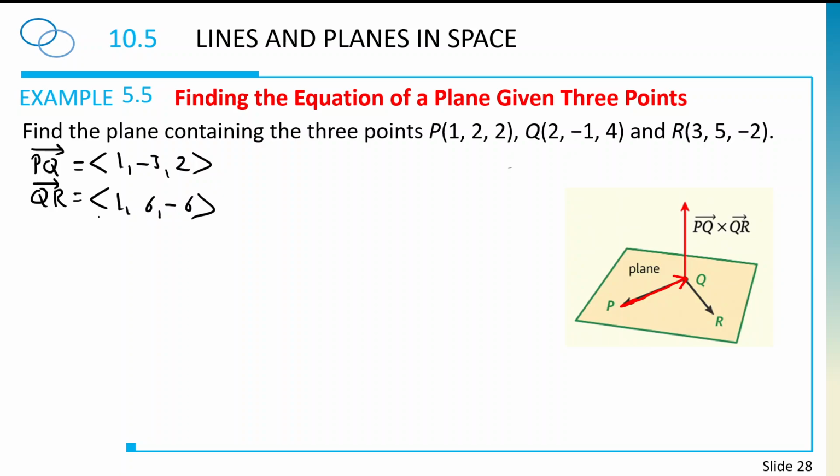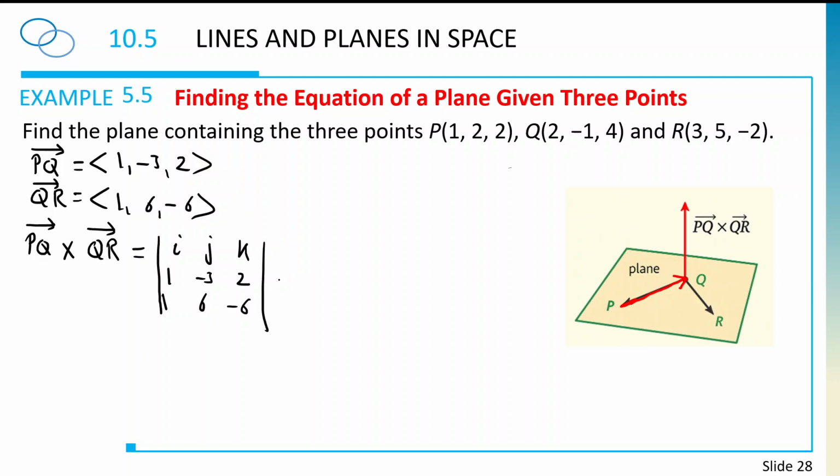Once I have the two vectors, I need to find their cross product, PQ cross QR. For the cross product, you need always the matrix. So i, j, k, and this is 1, negative 3, 2, 1, 6, negative 6.